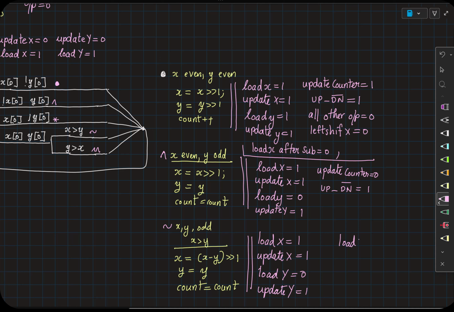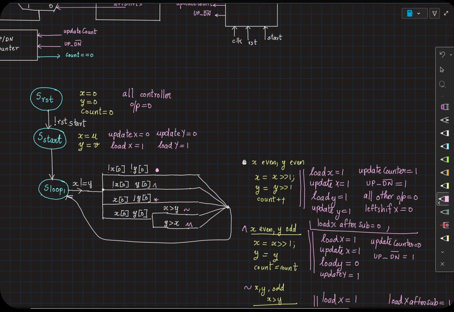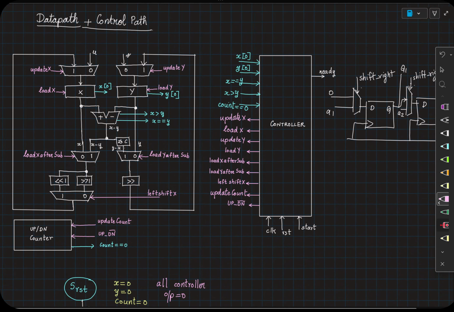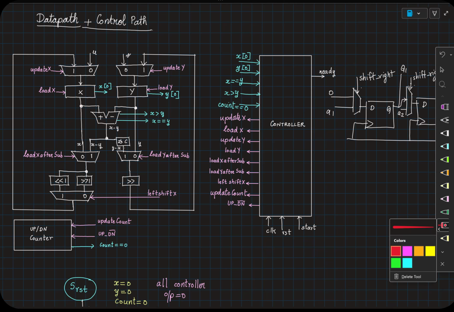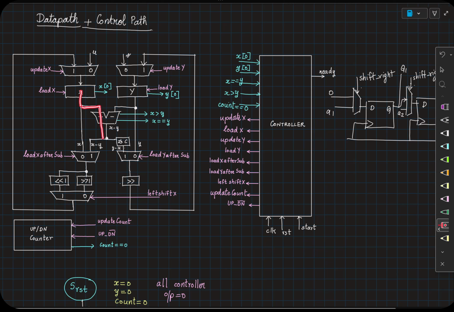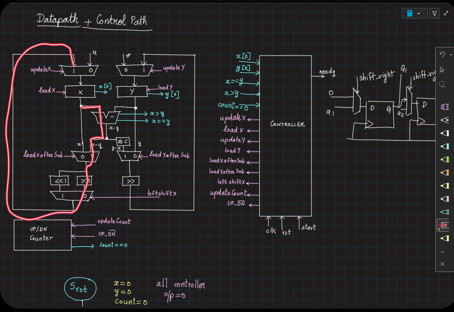So you want to make load x after subtraction to be equal to 1. So let me highlight the path that we want to follow now. You start from here. You want to get x minus y, and then you need to right shift it, and then you want to come back like this, right? So now that you are taking this path, you want load x after subtraction to be equal to 1.